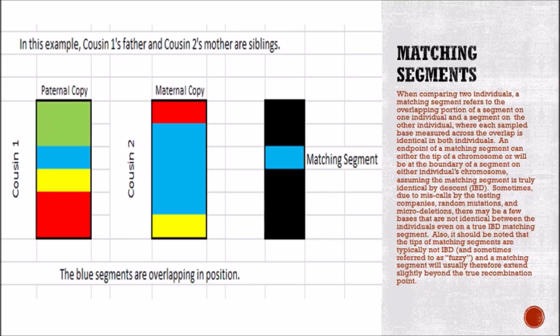However, when you actually go to measure it, it may be a little bigger because it may have some fuzzy tips on the end, especially if you're dealing with unphased data. We'll get into that, but using unphased data causes long fuzzy tips on the end of each segment, and a matching segment will usually therefore extend slightly beyond the true recombination point when measured. Okay.